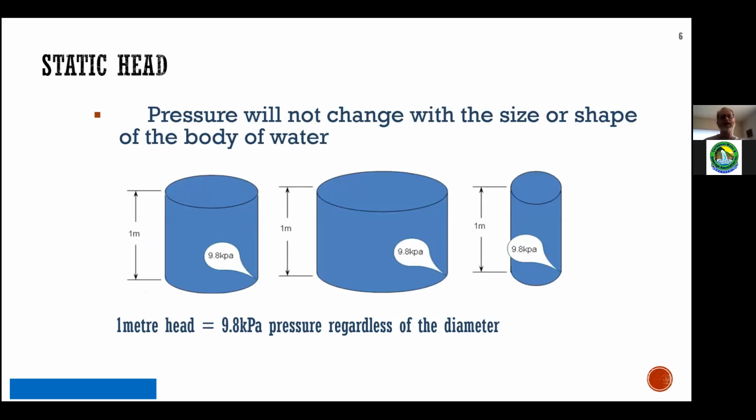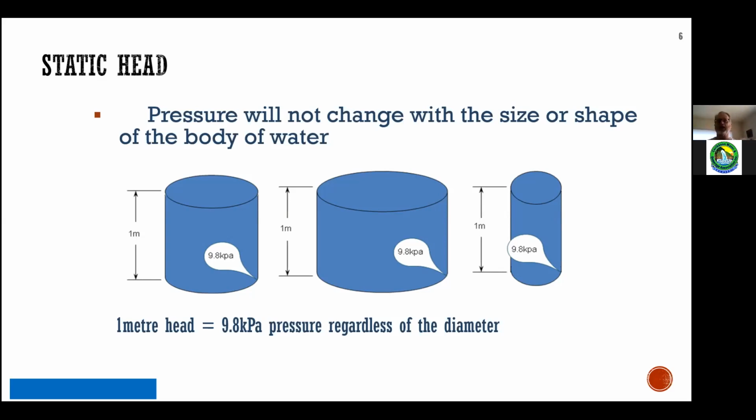Remember too that it doesn't matter the shape or size of the vessel. So if you look at the slide, whether it is a 5-meter diameter, 20-meter diameter, or half a meter in diameter, if the vessel is filled with 1 meter elevation of water, 1 meter of head, you will get 9.8 kPa, which is important because if it did rely on the size of the vessel, then our systems would have to be designed very differently.